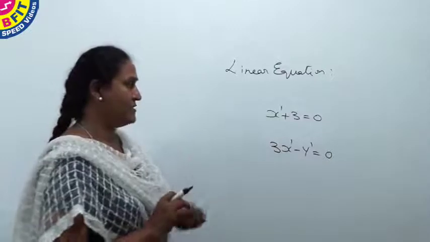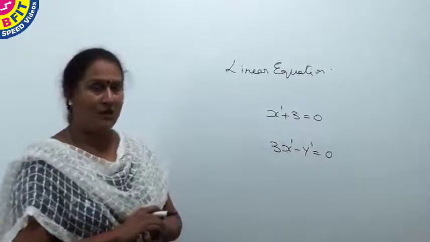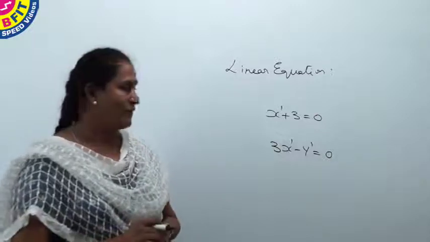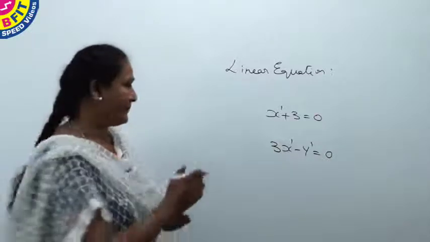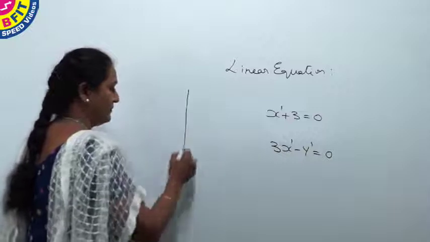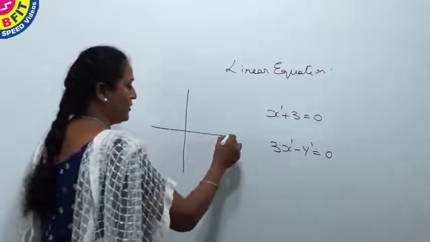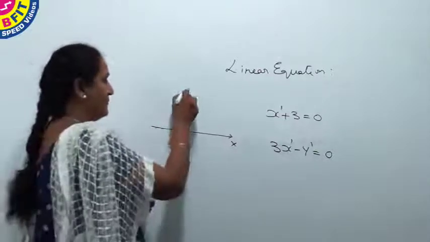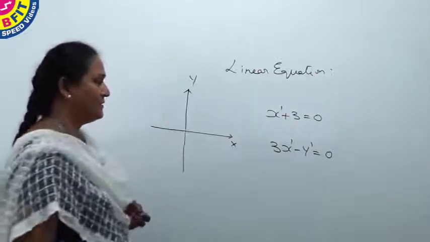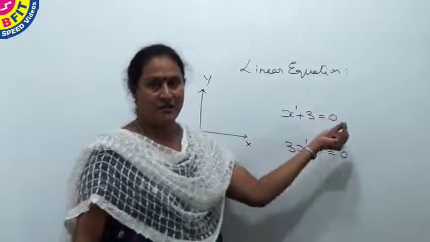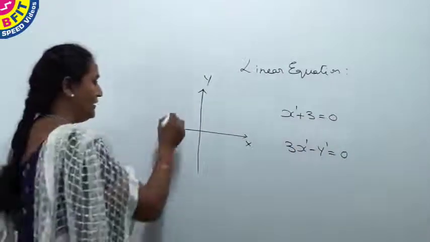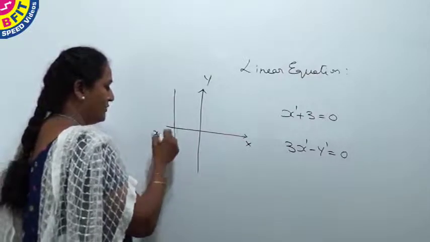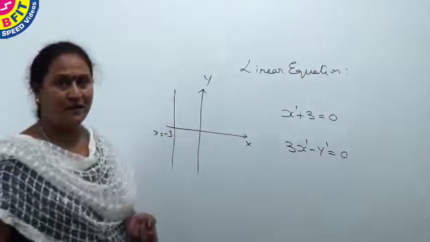These equations get the name linear because when you plot the points of the equation on a graph, you get a straight line. Suppose we are plotting these points on a graph, with the x-axis and the y-axis. Plotting x plus 3 equal to 0, you get a line which passes through x equal to minus 3, parallel to the y-axis.